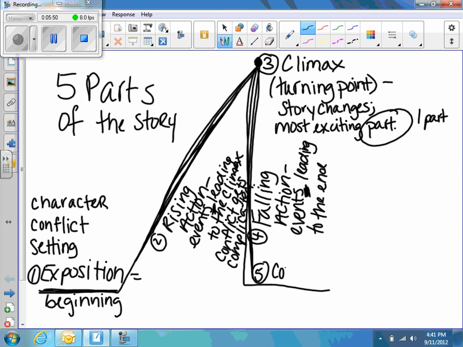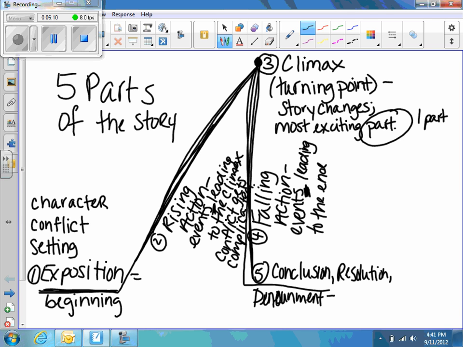which has many names. We have conclusion, we have resolution, and we have denouement. Denouement.